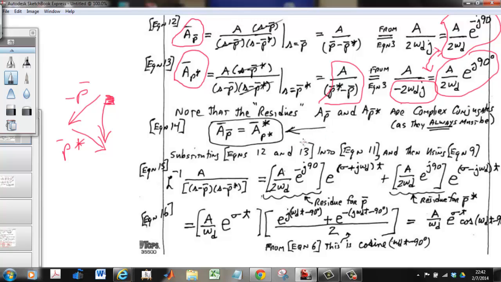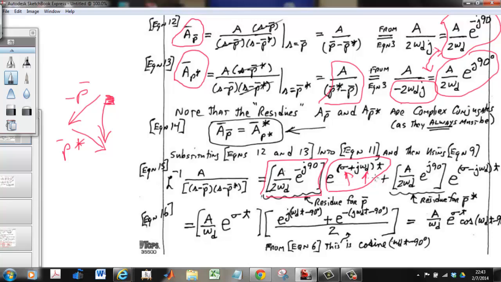So now that we have the residues, we can plug them back into the partial fraction expansion. Here's the residue plugged into the first partial fraction expansion. And of course the inverse Laplace is e to the P1t. So there's your first pole, sigma plus j omega d.